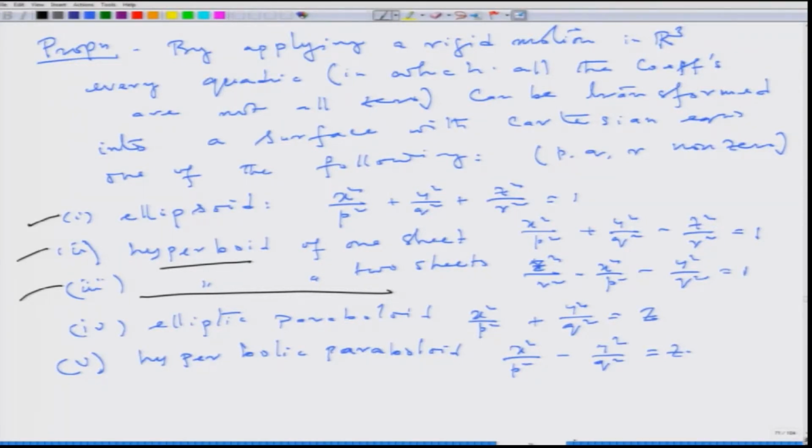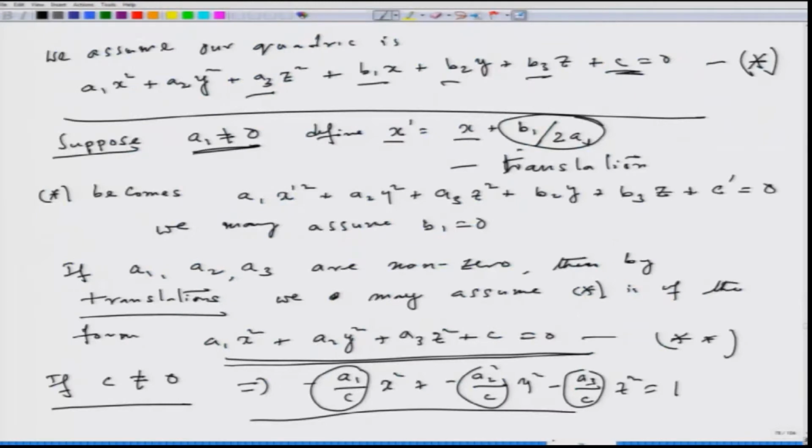What happens if C equal to 0? You can see from now, if C not equal to 0, I get case 1 or 2 or 3.